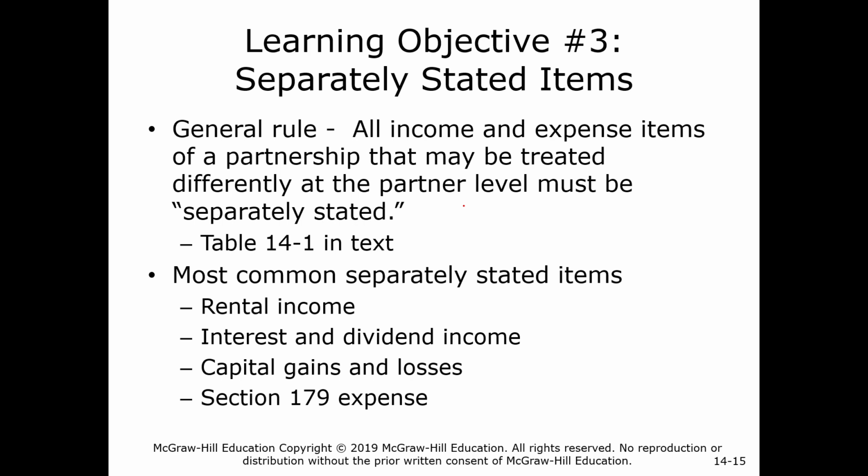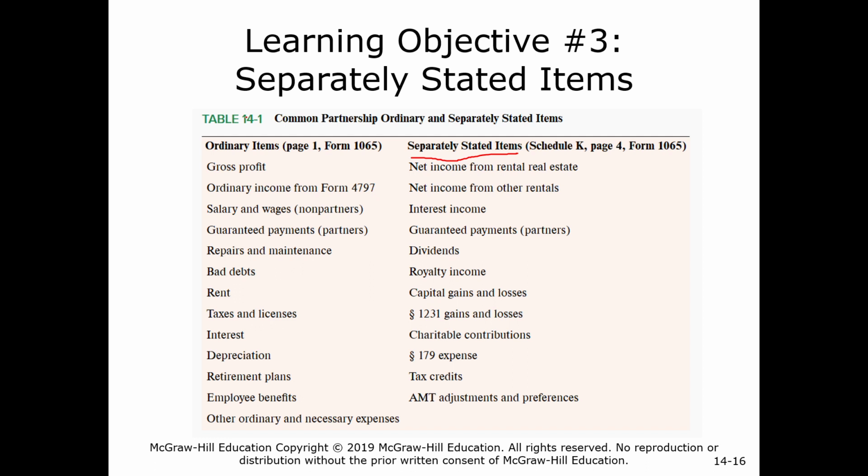Could be rental property because of passive loss limitations. All that needs to be separately stated. We already showed this Table 14-1, which has a good breakdown of separately stated items, and these are not going to be included when calculating ordinary income or losses.